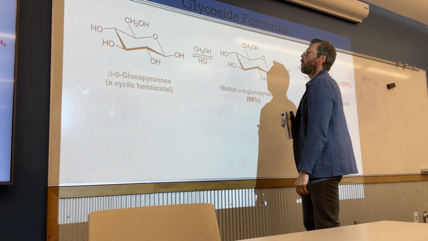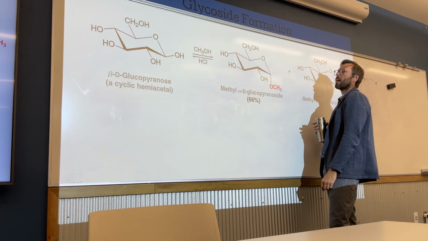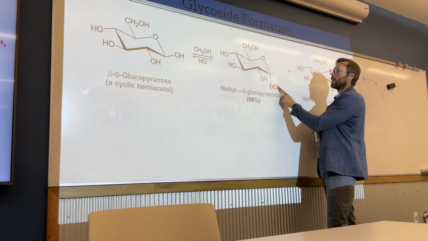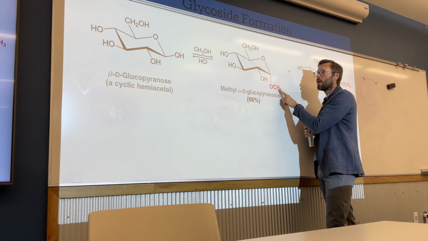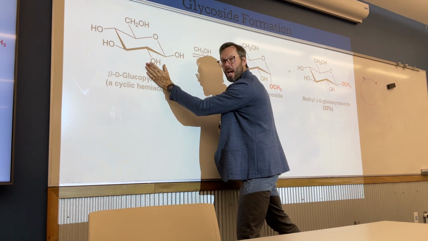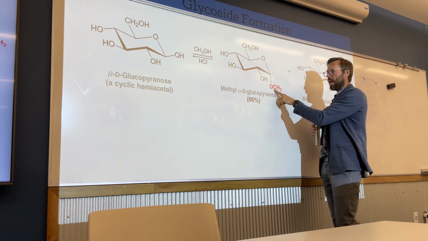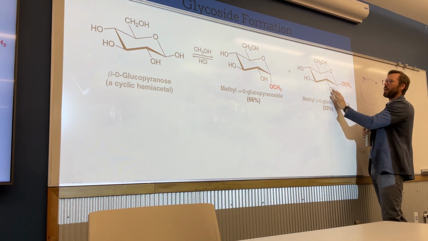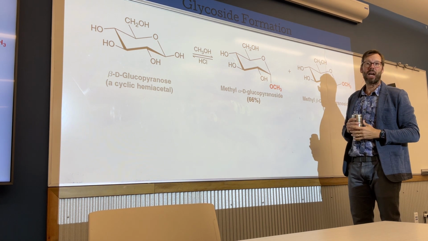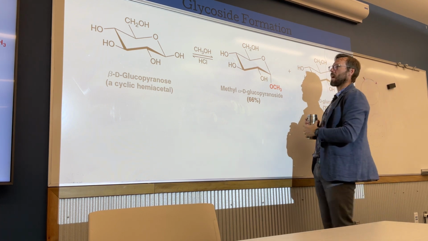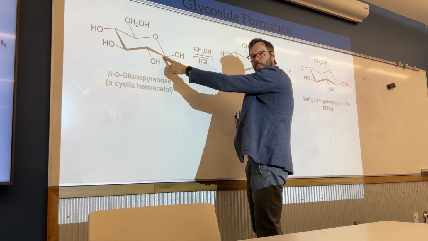And in the presence of methanol and an acid catalyst, we end up getting essentially an ether, right? So we went from a hemiacetal to an acetal. And you'll get different abundance depending on where that methanol comes in and attacks. Okay. If it attacks up here at the top versus if it comes in at the bottom.